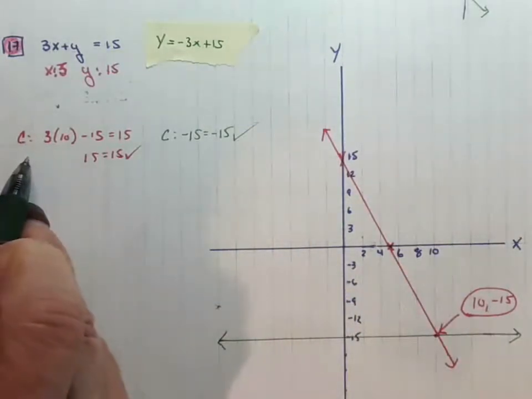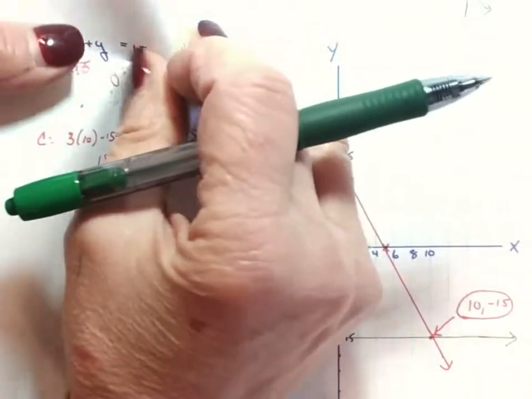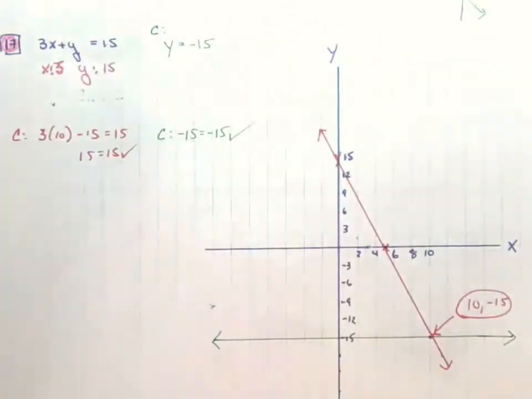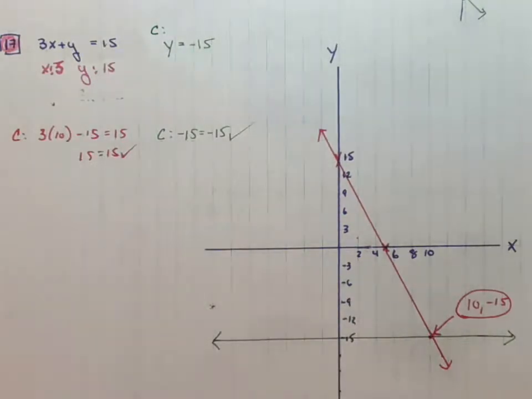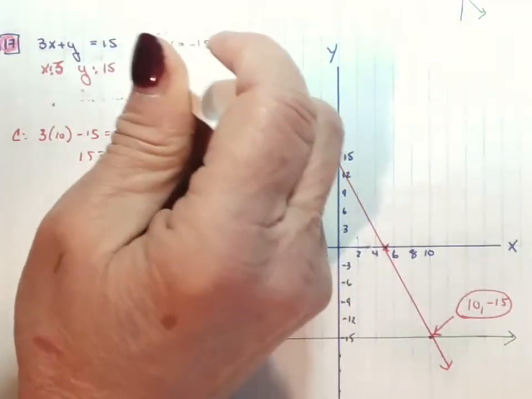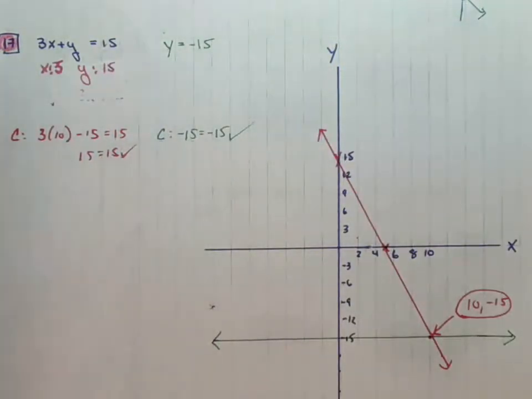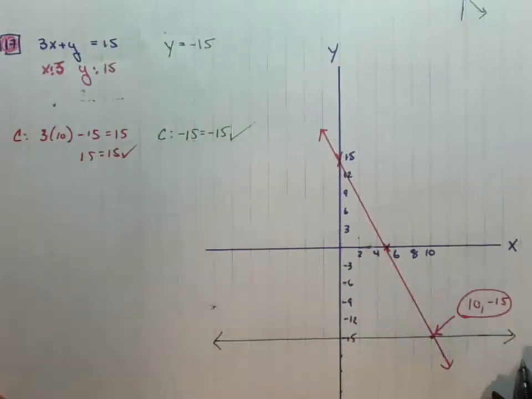Then the second line is y equals negative 15. And that is a horizontal line at negative 15.